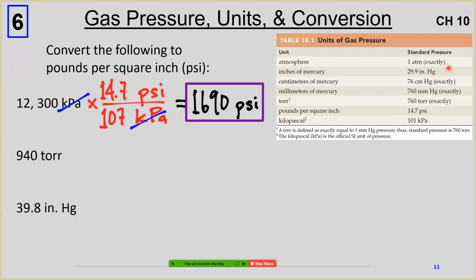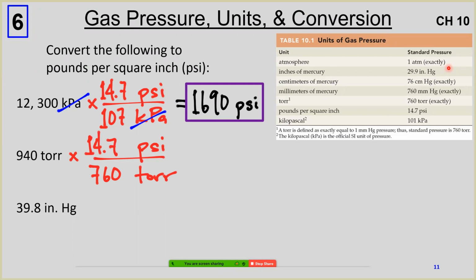All right, and we can do the same thing here for 940 torr. So we're going to multiply this by the equivalence factor between torr and psi. Again, we have psi up top, and then the unit torr at the bottom, and 760 torr, according to the table, equals 14.7 psi.